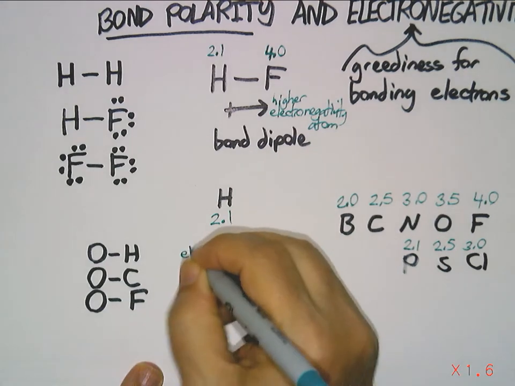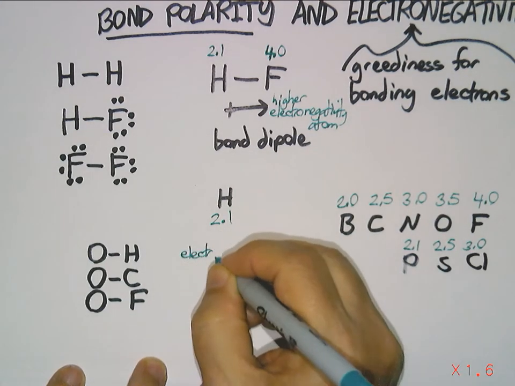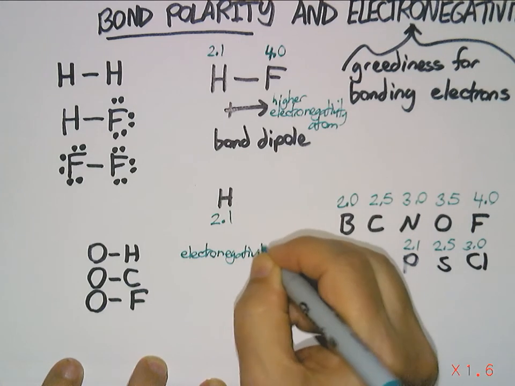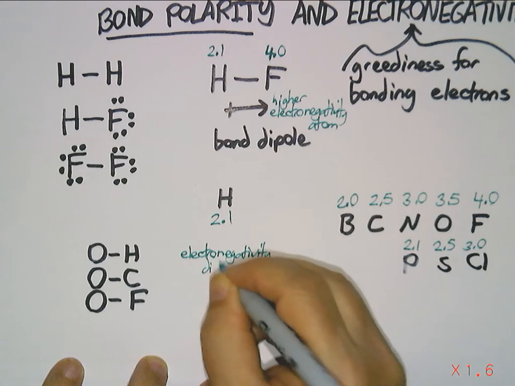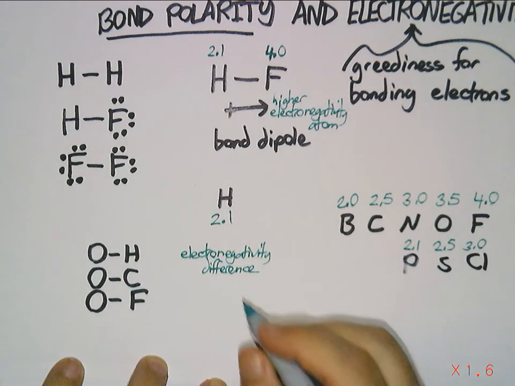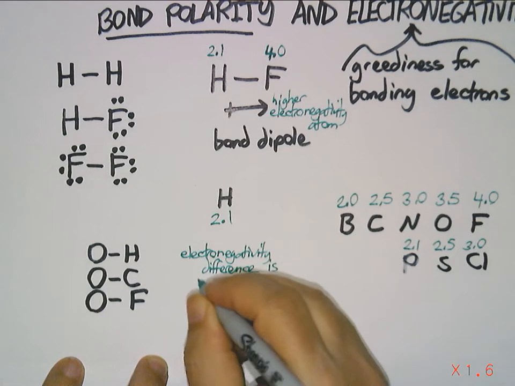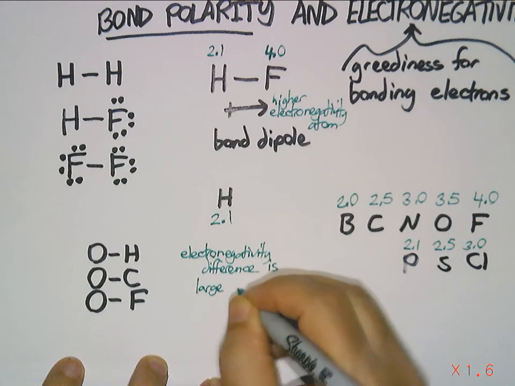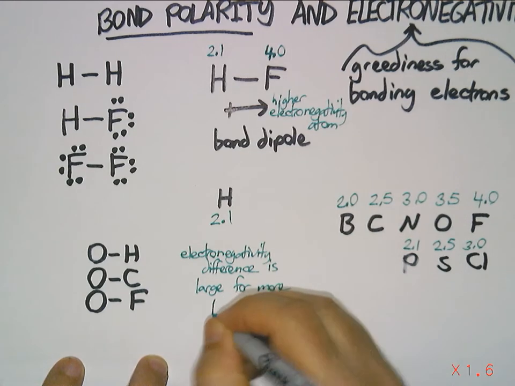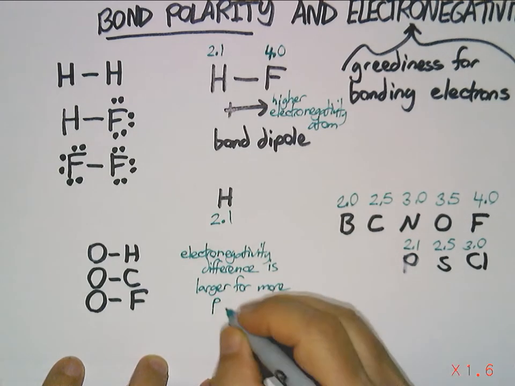The electronegativity difference is large, larger for more polar bonds.